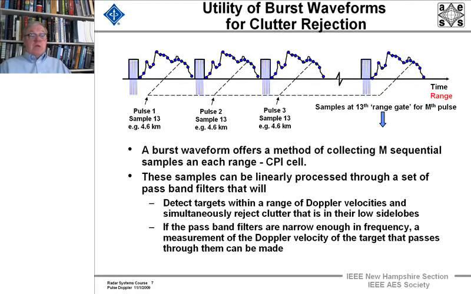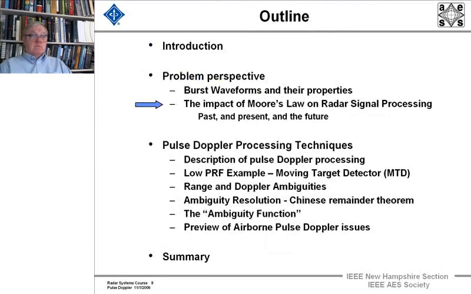You want really low side lobes so that the distributed clutter, such as rain or chaff, won't leak into the passband that your target is in. And if the passband filters are narrow enough in frequency, a measurement of the Doppler velocity of the target that passes through them successfully can be made. So you can also, with these waveforms, measure the Doppler velocity of the target and see if it's consistent with the rate of change of the range in progressive scans of the radar as it goes around, which is another example.